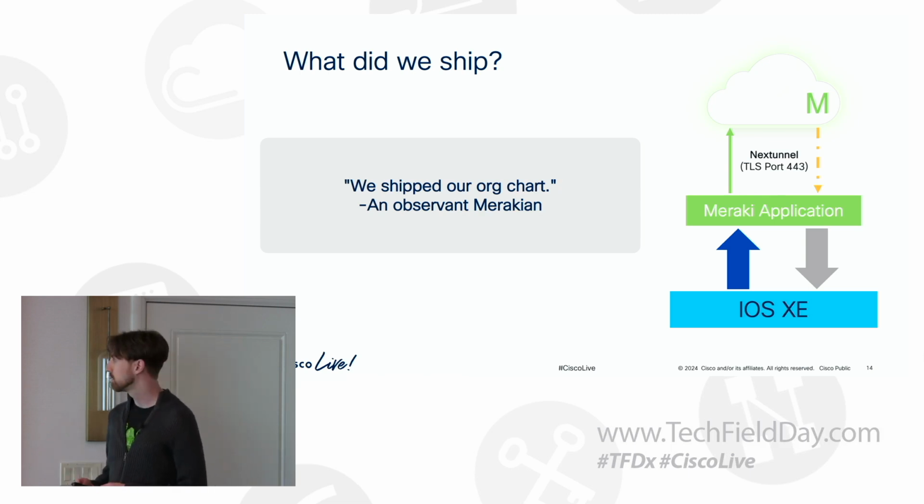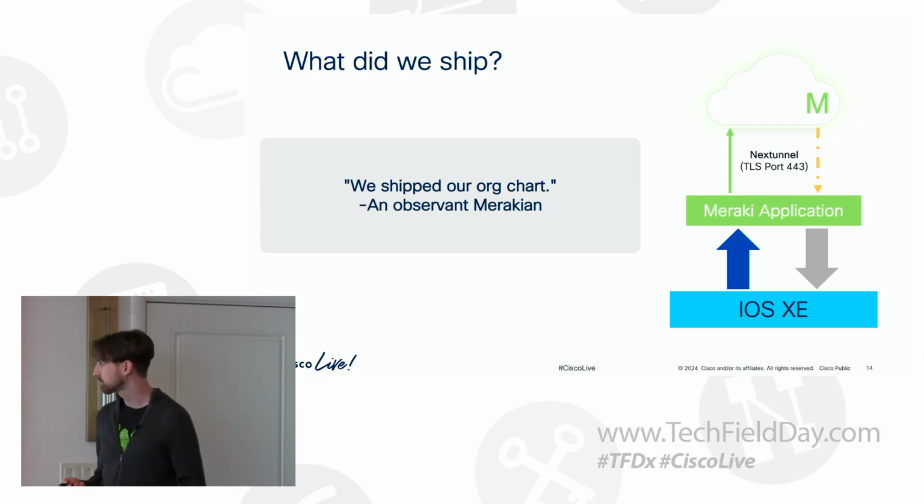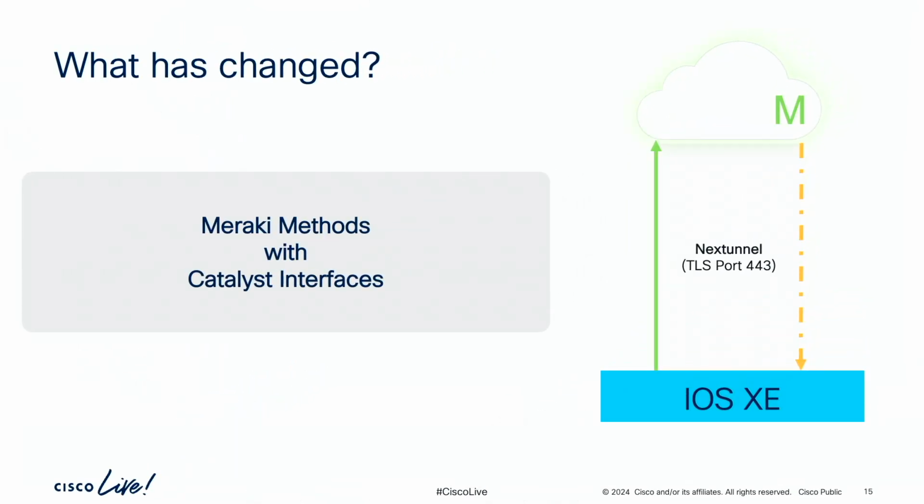When we make that go away, we make this three-way sync problem go away, which has been super expensive for us to maintain. The theme I'm trying to repeat over and over through config, telemetry, and logging is we're using Meraki methods with Catalyst interfaces.